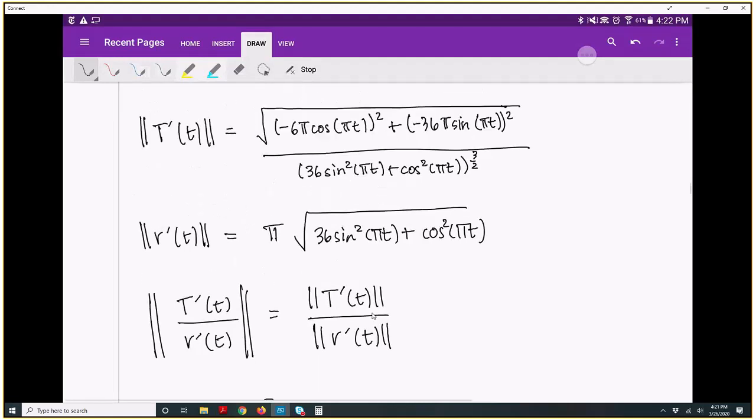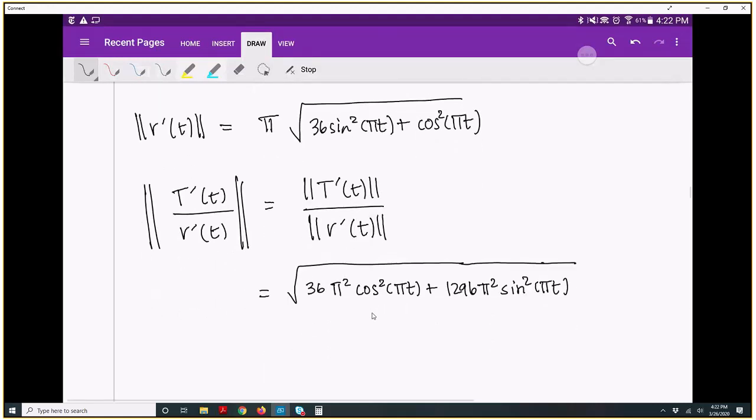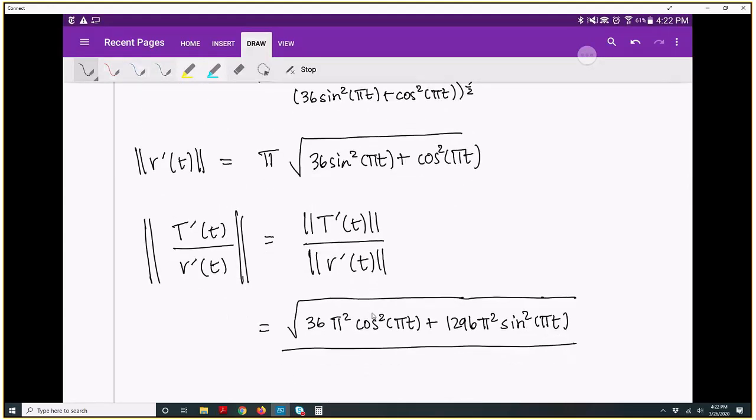Well, that's going to be the square root of 36 pi squared cosine squared of pi t plus 36 squared is 1296 pi squared sine squared of pi t, and of course we're over 36 sine squared of pi t plus cosine squared of pi t, everything to the power 3 over 2.